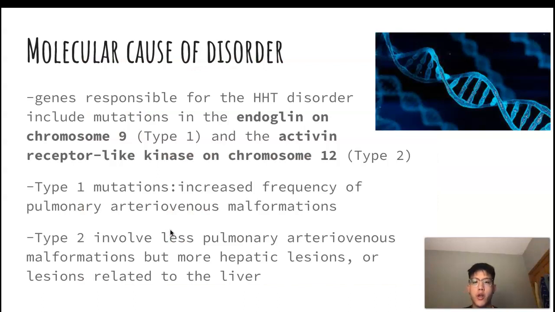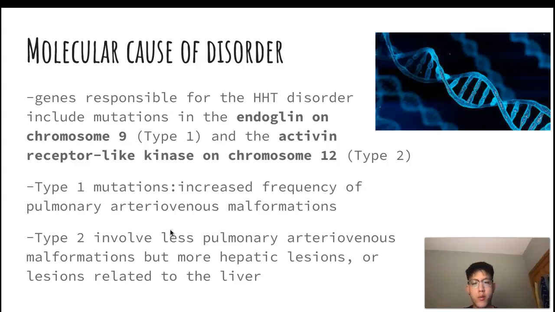Next, I'm going to be talking more about the molecular cause of the disorder. The genes primarily responsible for HHT include mutations in endoglin on chromosome 9, which is type 1, and activin receptor-like kinase on chromosome 12, which is type 2.